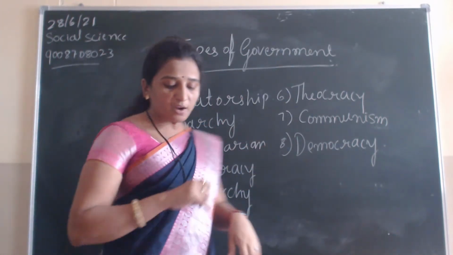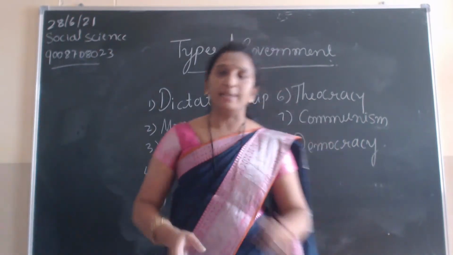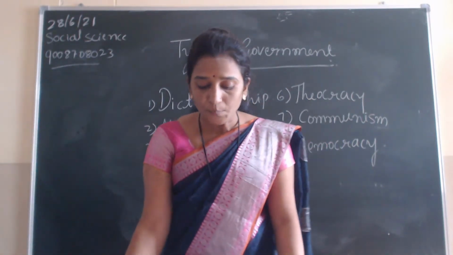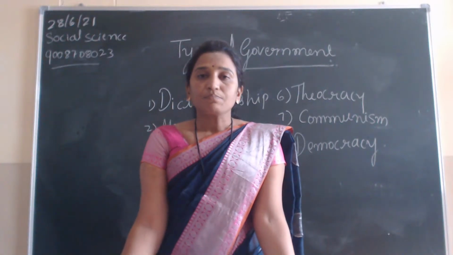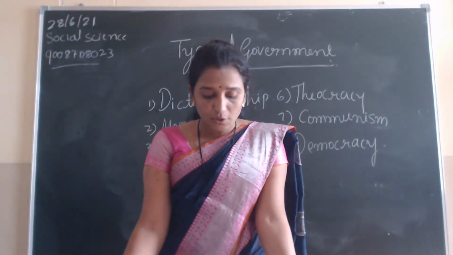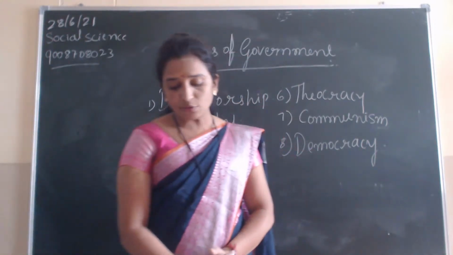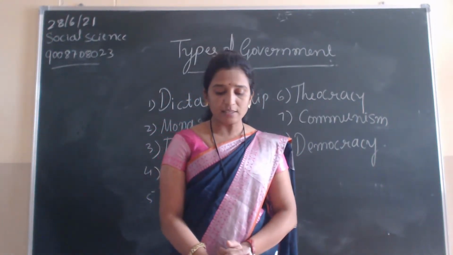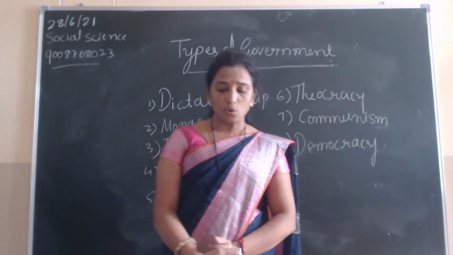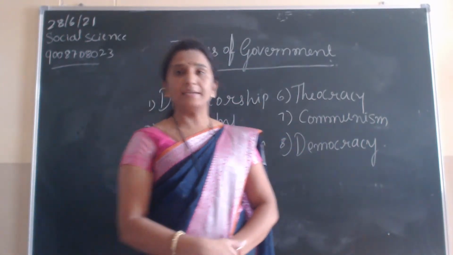Understood? The meaning of monarchy. Monarchy is nothing but a supreme authority. The supreme authority is vested in a monarch, who is an individual ruler and acquires his or her position through heredity.